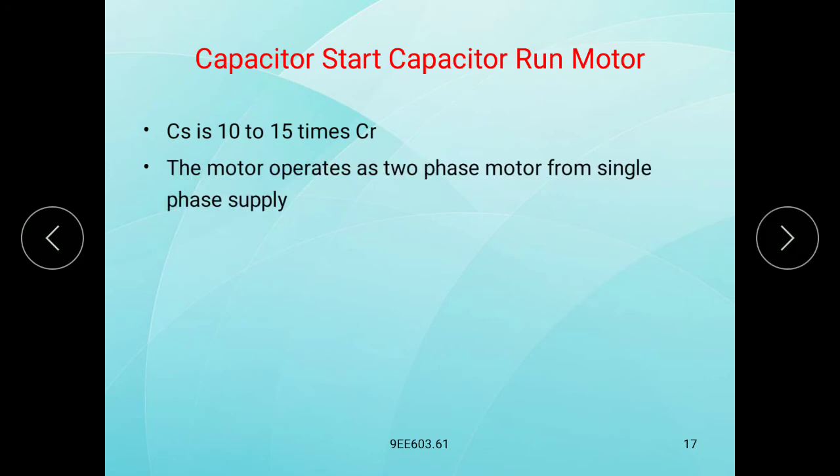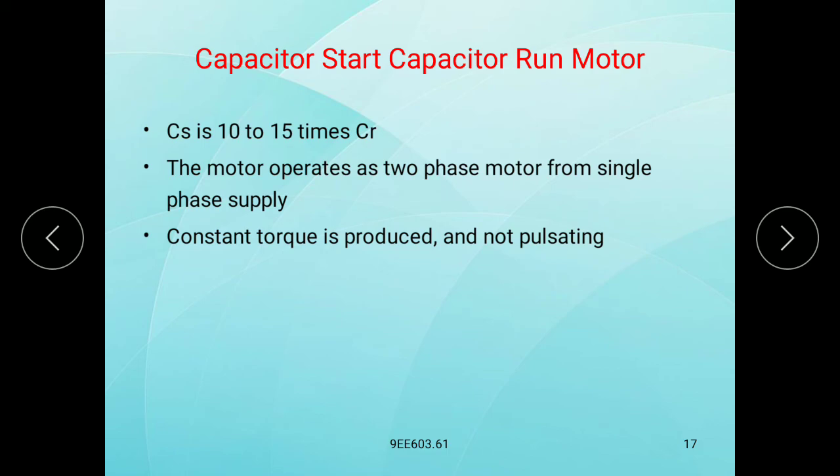So the motor operates as a two-phase motor from a single phase supply. Constant torque is produced and it is not pulsating. By using these two, CS and CR, it produces constant torque and no pulsating torque.